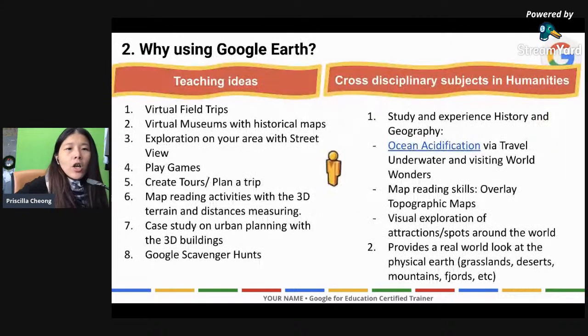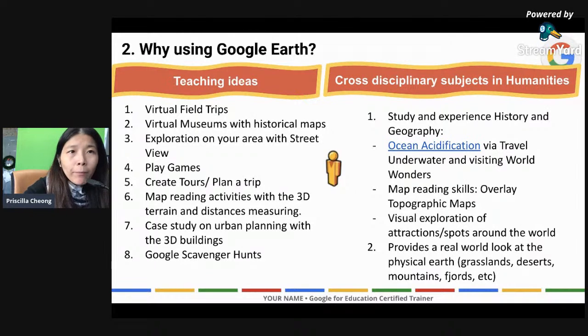So let's get started. There are some reasons why I use Google Earth. To be specific, in geography and history lessons, especially if we are teaching mapping skills or map reading skills, using Google Earth is a good way to teach our students how to calculate distance, or to understand different relief systems and different terrain, by using the topographic map style.